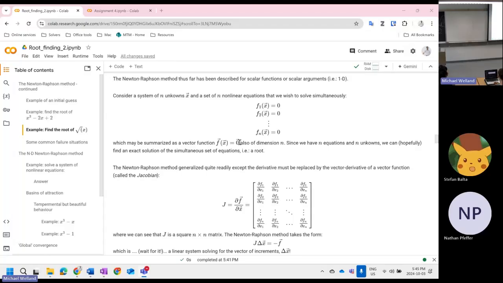In other words, we're looking for the roots. That's why the roots are important. Since we have n equations and n unknowns, it is conceivable that we will find a solution. We may not even find a solution, and no such solution may even exist. But there is a chance. There is a hope.